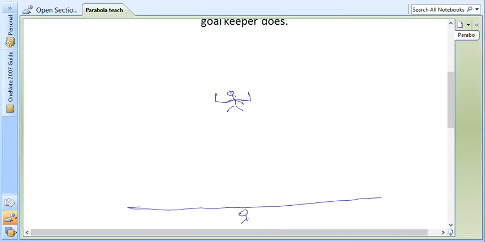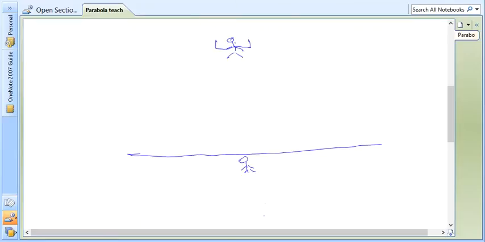So we have one guy over here. So now the first ball is going to be directly in between these two players. So let's say I would place it over here. So this is our ball.